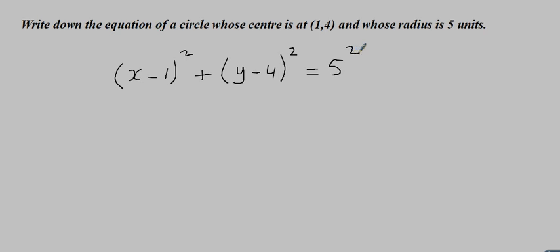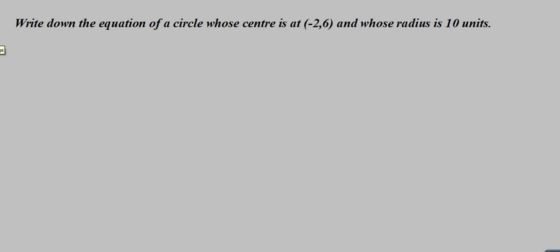As simple as that. The equation of a circle whose center is at (negative 2, 6) and whose radius is 10 units is simply (x minus a), that means x minus negative 2, so (x plus 2) all squared plus (y minus 6) squared is equal to 10 squared.